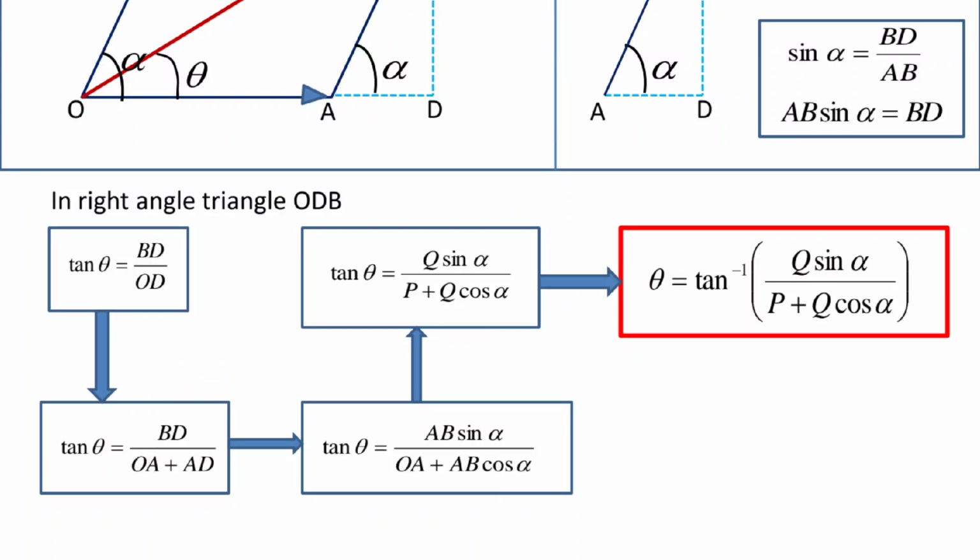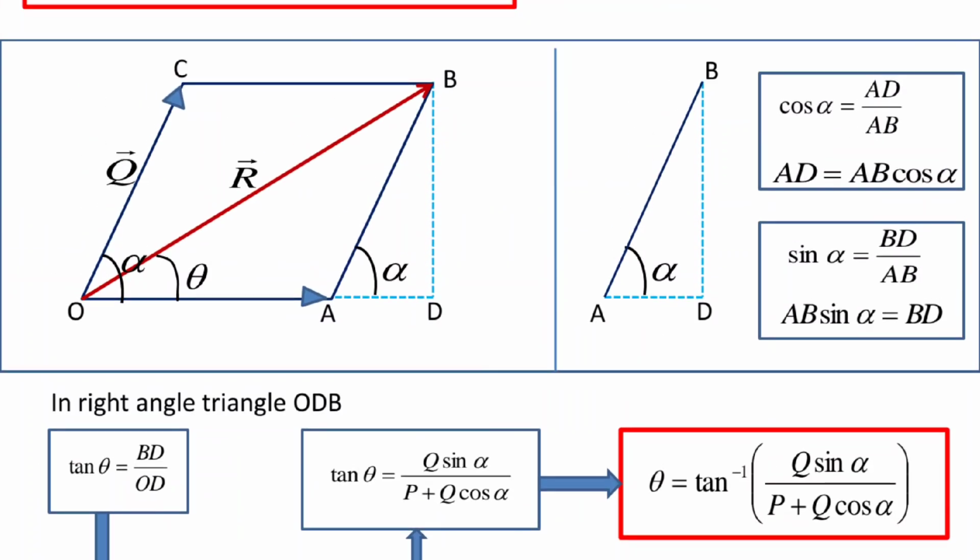Now, from right angle triangle ADB, cos alpha is equal to AD upon AB. Therefore, AD is equal to AB cos alpha, and sin alpha is equal to BD upon AB.